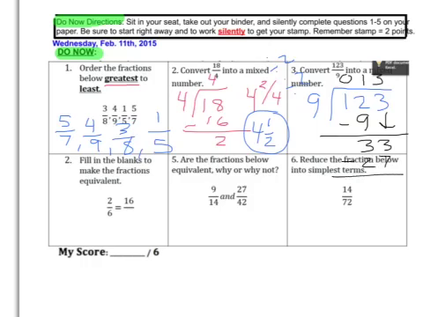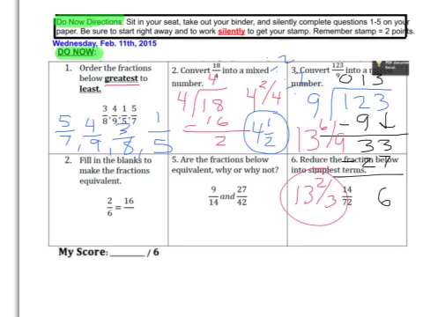I subtract 33 minus 27. I get 6. So my answer is 13 with a remainder of 6/9. Again, you needed to reduce that to 13 2/3. Give yourself a star for question 3 if you have 13 2/3.